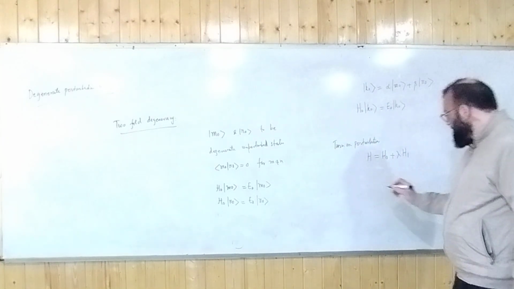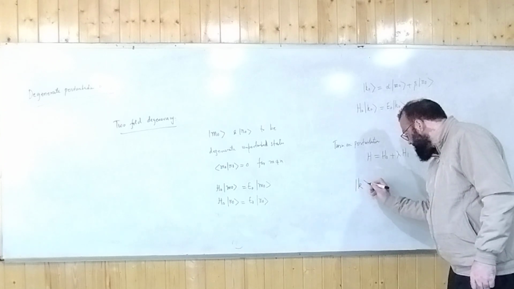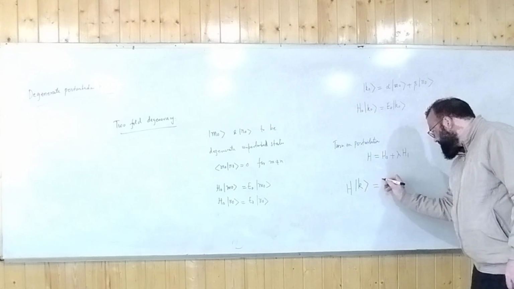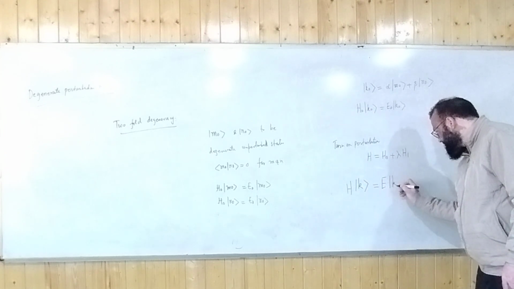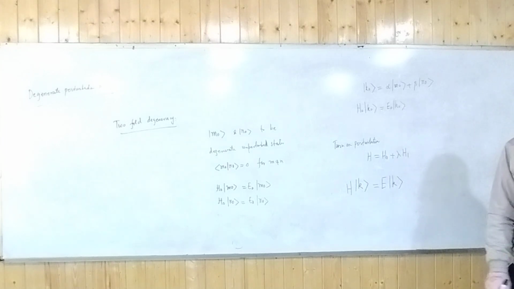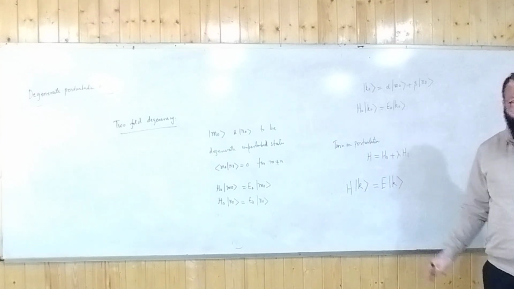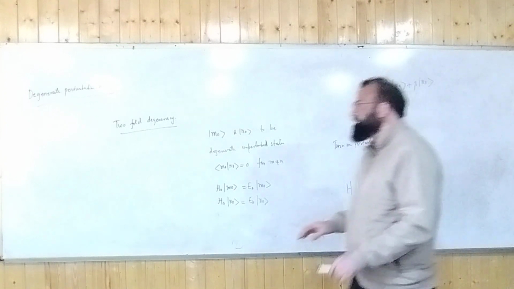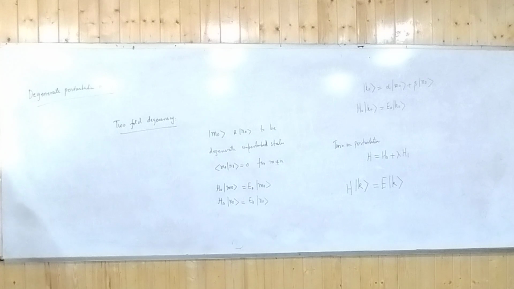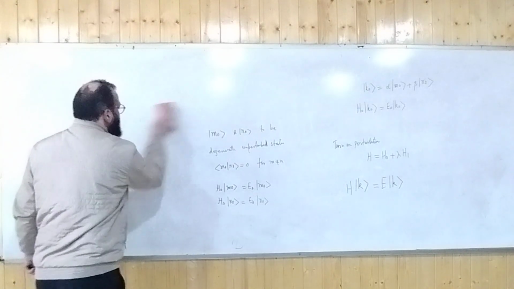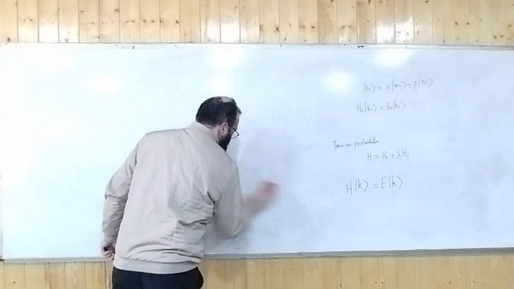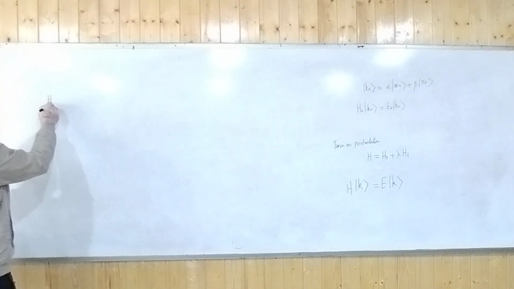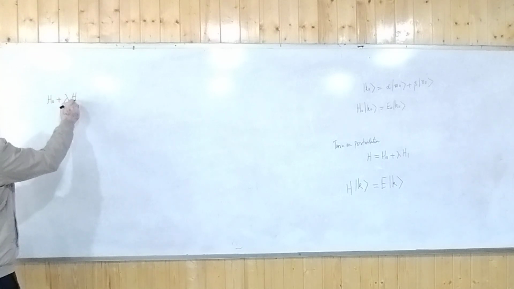Okay. So let's assume our ket |k>. If H acts on |k>, you will get E|k>. Clear? E is a function of lambda and |k> is also a function of lambda. So now expand. You have H equal to H0 plus lambda H1.